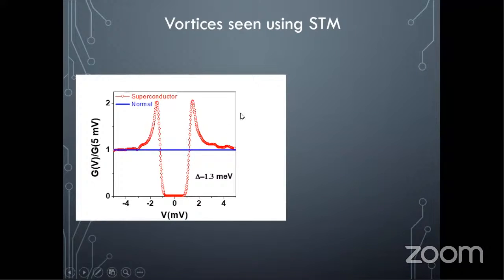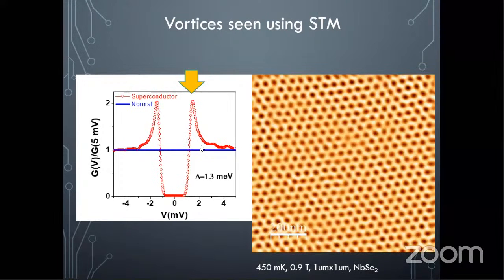Now, one can fix the bias between the sample and the tip to be somewhere at this value, where for a superconductor we have a higher value of differential conductance, and for a normal metal we have a lower value of differential conductance.